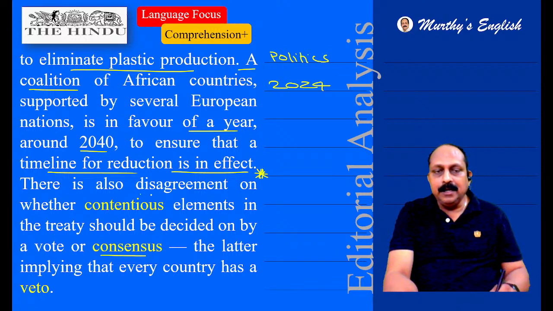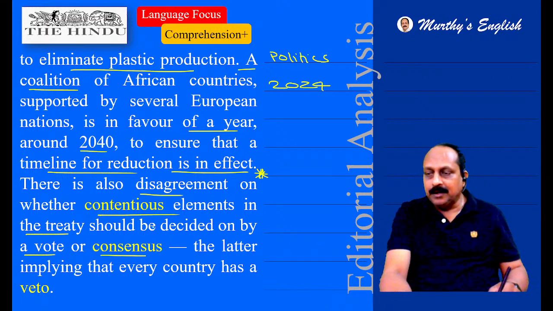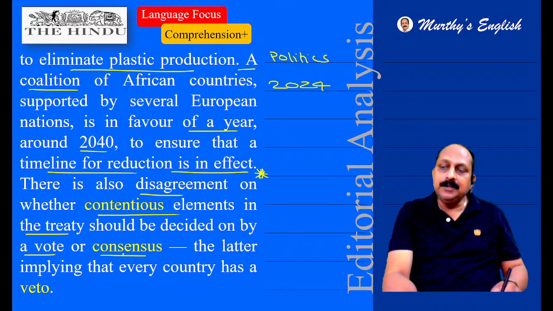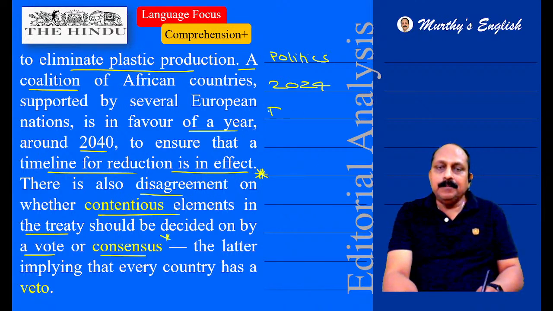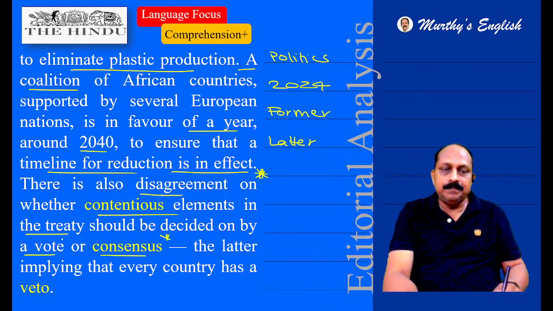Whenever there's a controversial issue, how to decide whether contentious elements in the treaty should be decided on by a vote. Usually that's what we do, democratic, go with the majority, or consensus. All should accept. Second one, the latter, already we have got many a time. Former, the first one, latter, the second one. What is the former here? Vote, democratic.